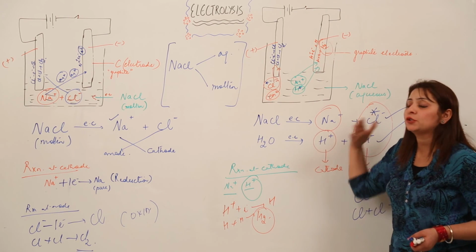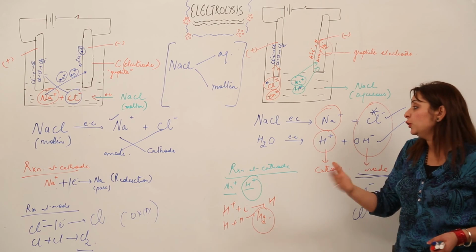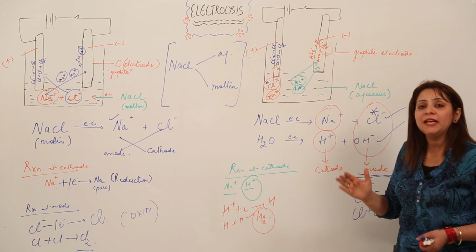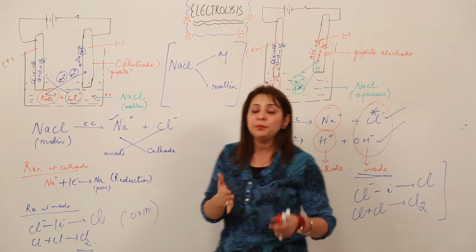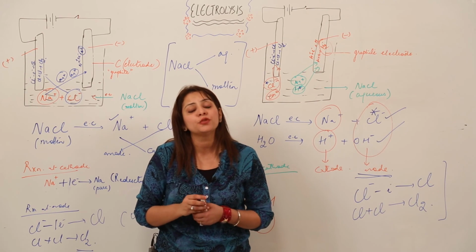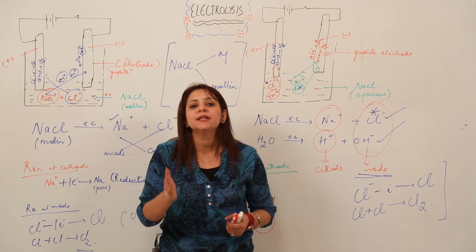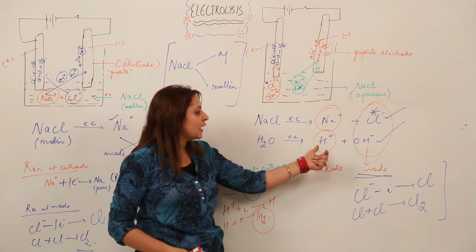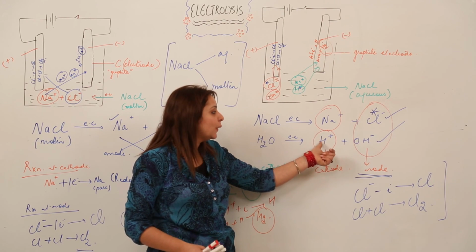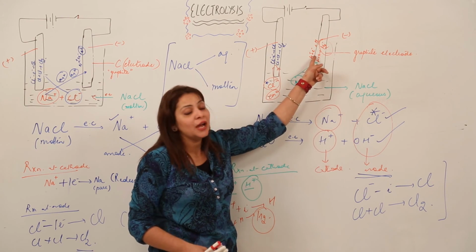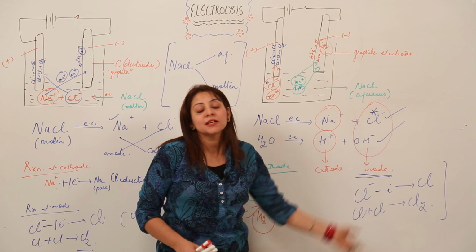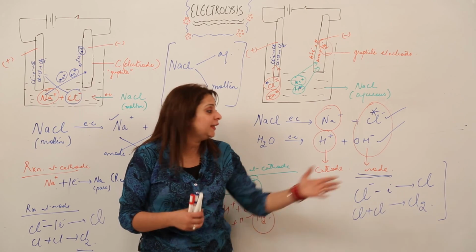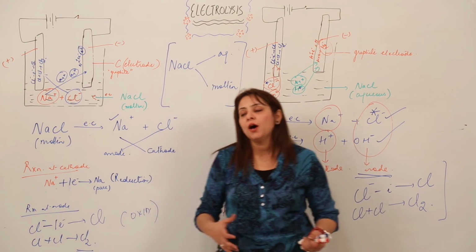The electrolyte got dissociated, and even the water got dissociated, and as more than one type of ion moved to an electrode, the ion which has the lower electric potential is discharged. Out of Na and H, H has the lower electric potential, so the reduction occurs only for the H ion. Similarly, the chloride ion has the lower reduction potential, that is why it is oxidized, not the hydroxide ion. So this is how the difference lies.